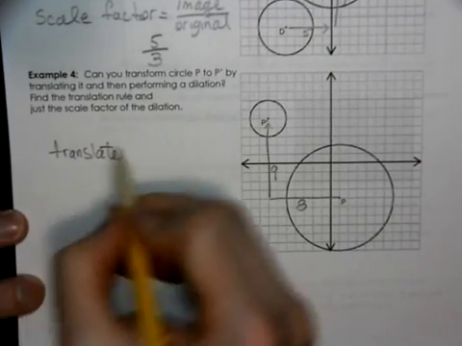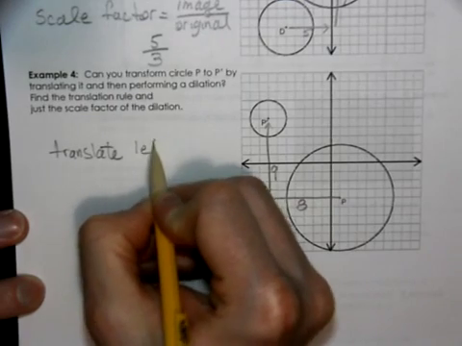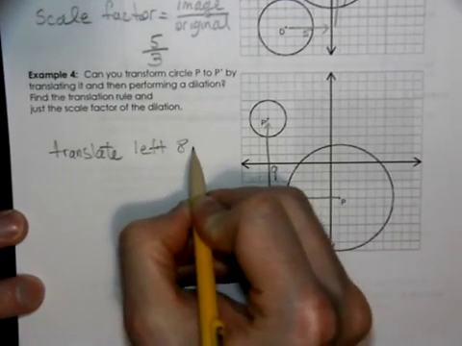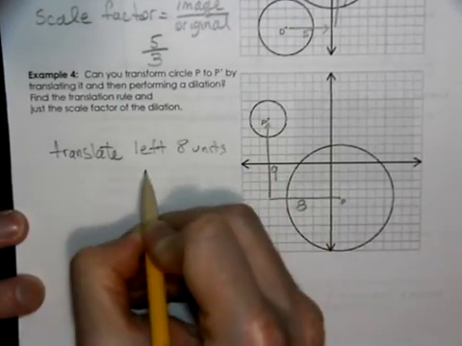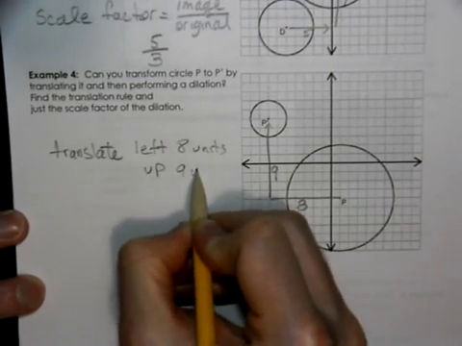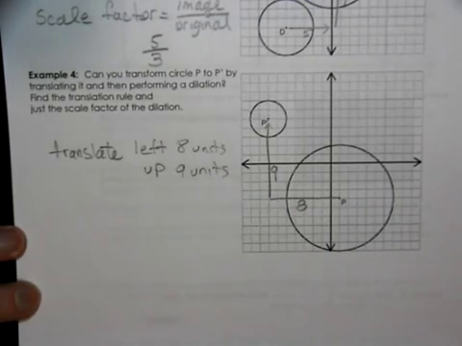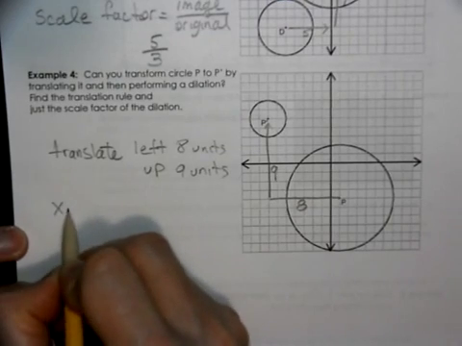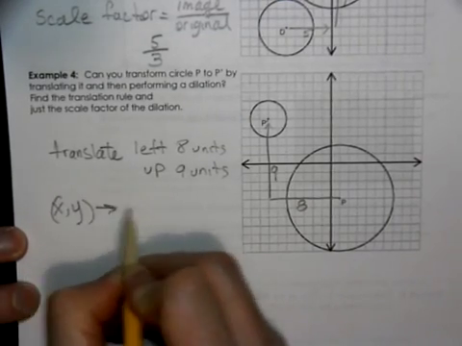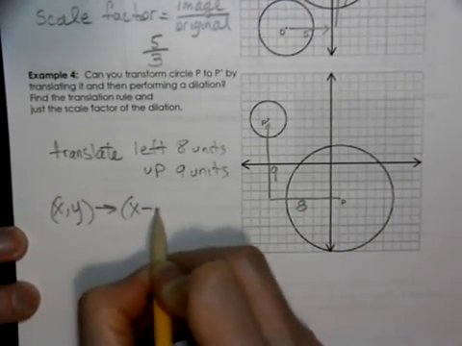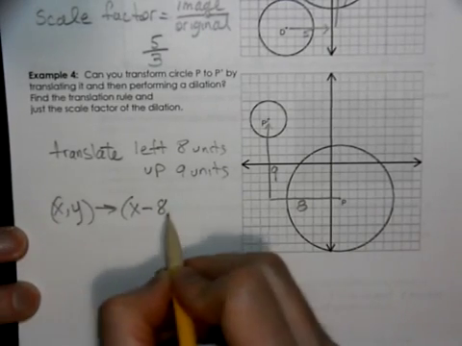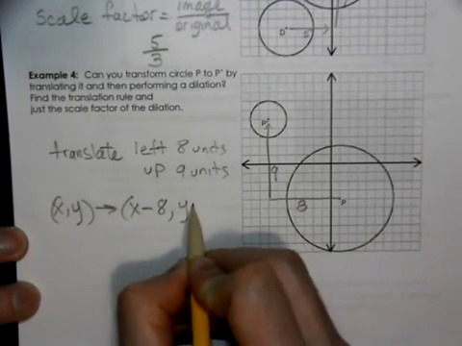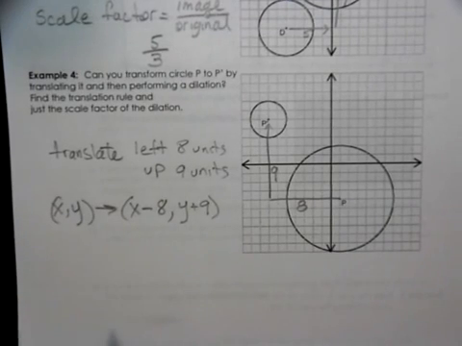So we're going to translate left 8 units and up 9 units. So our rule that we'll use is x minus 8 because it's to the left, and y plus 9 because it's going up.